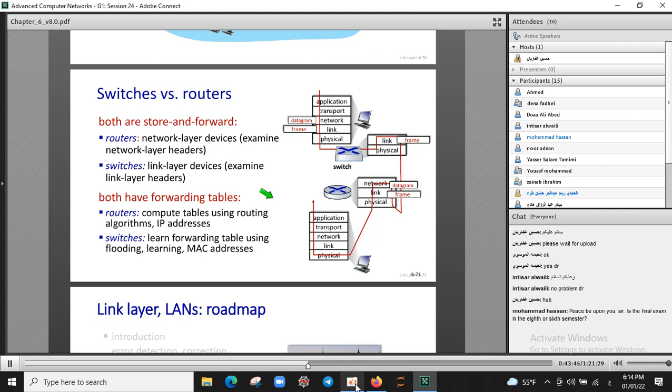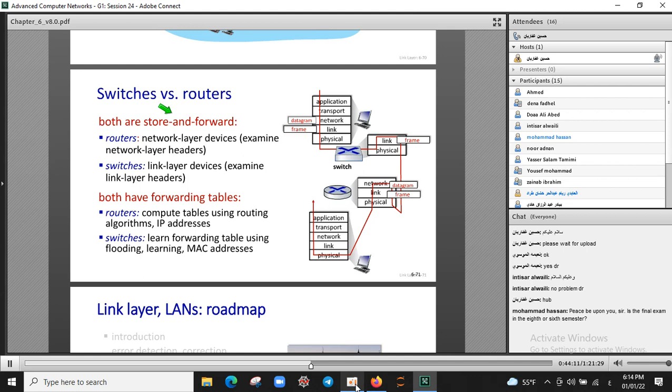So if I try to compare a switch against a router, I can say that both of them are working in a store and forward manner. Both of them. Switches are working in layer 2 and routers are working in layer 3.